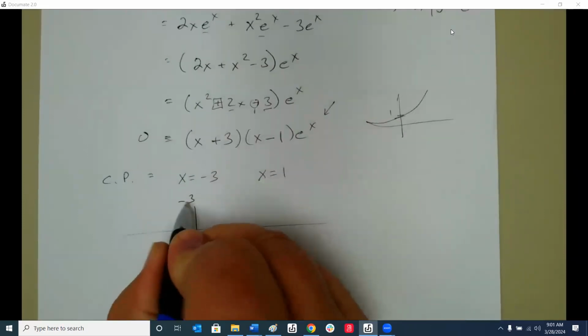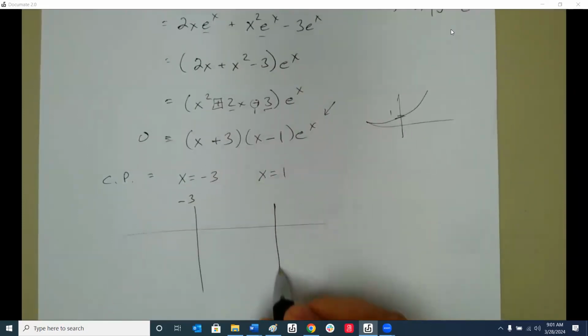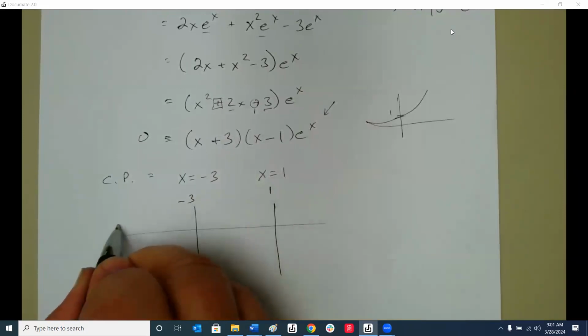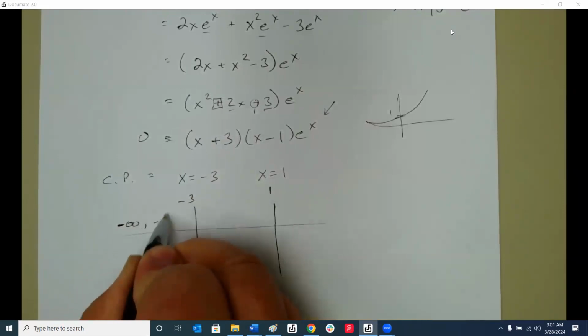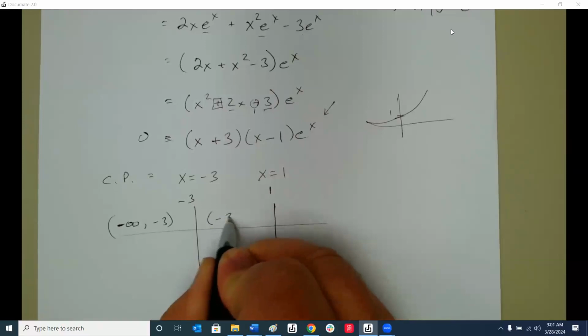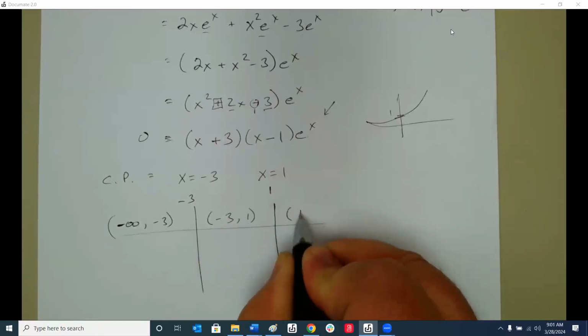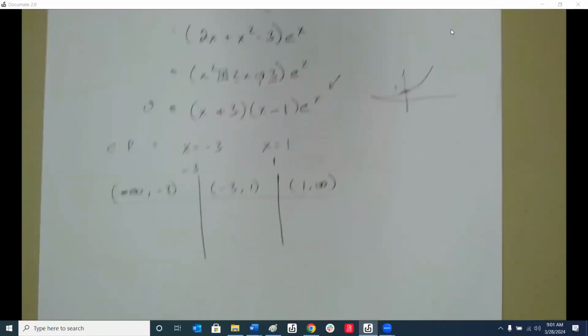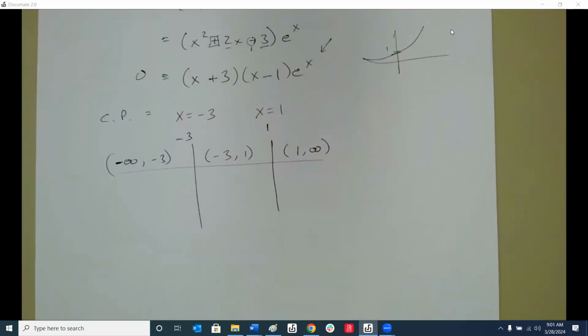So we have a critical point at -3, and we have a critical point at 1. So those are our intervals.